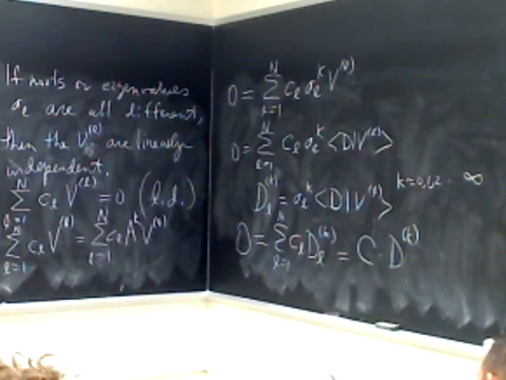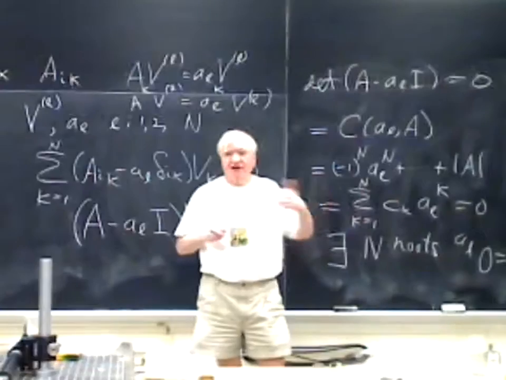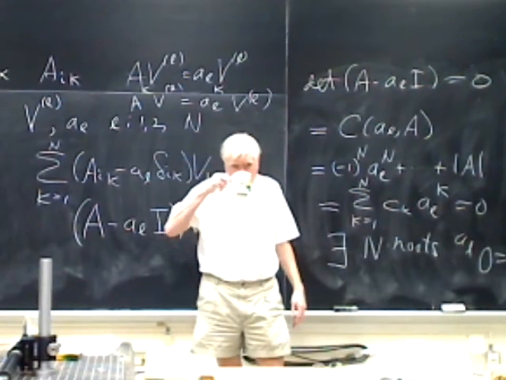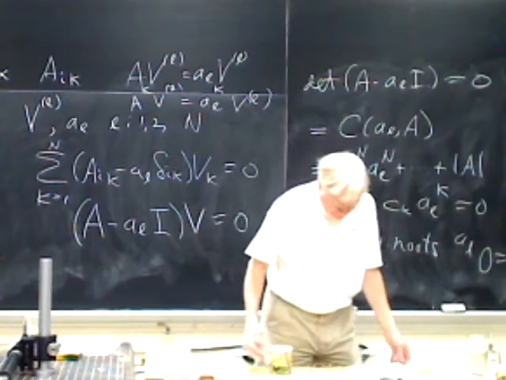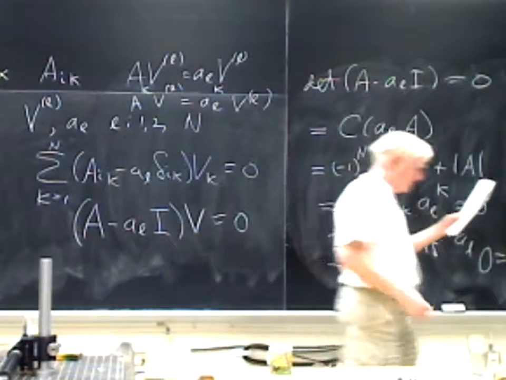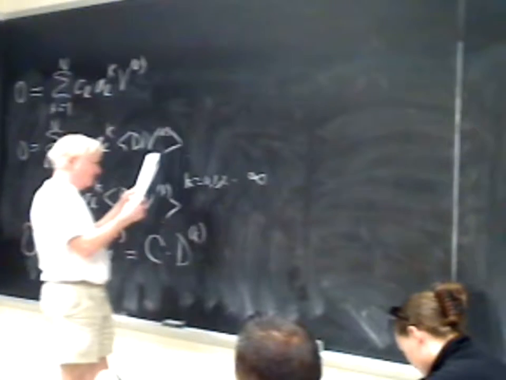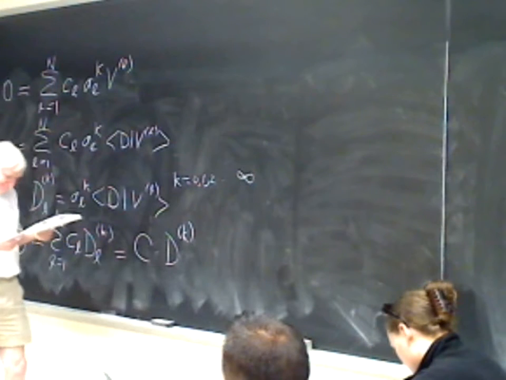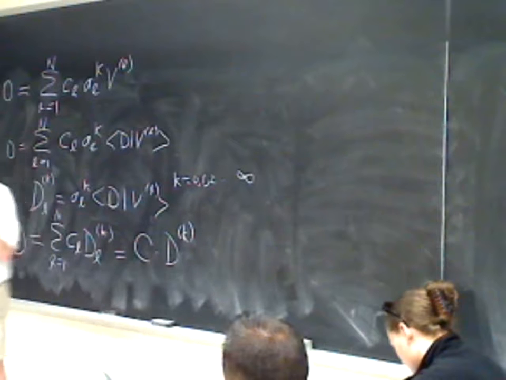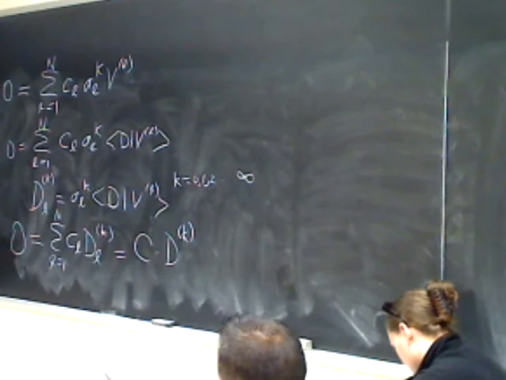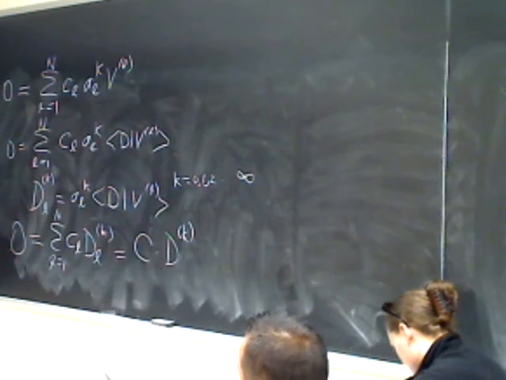On the other hand, when the eigenvalues are degenerate, which is a special case, then you can't be sure whether the eigenvectors are linearly independent or not. If the eigenvectors are not linearly independent, then the matrix is said to be defective.